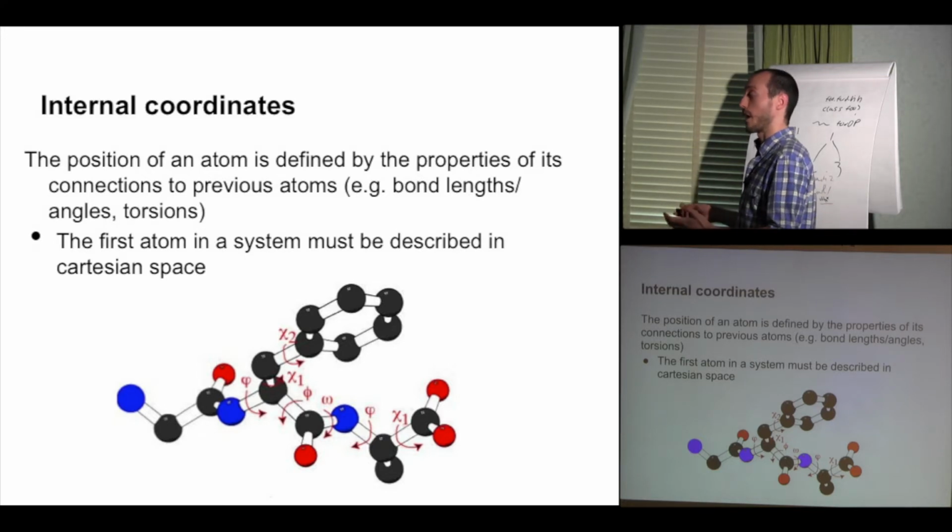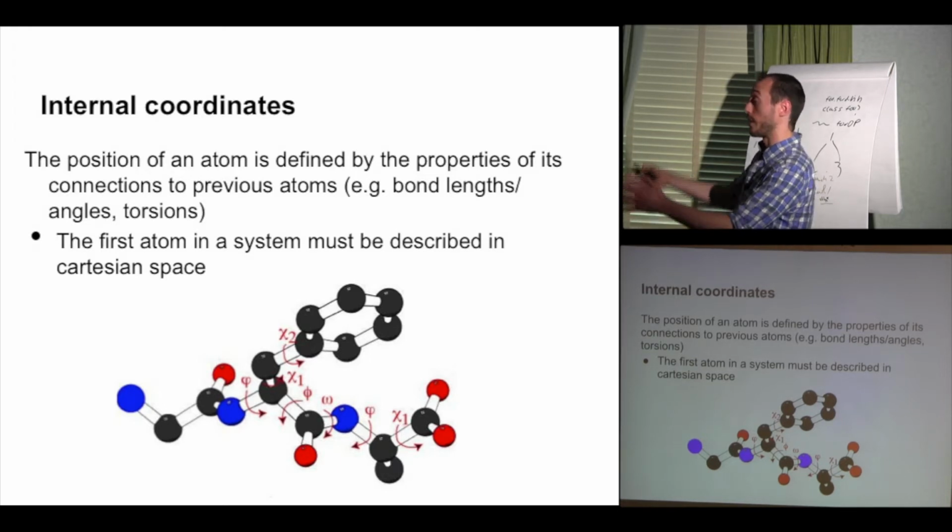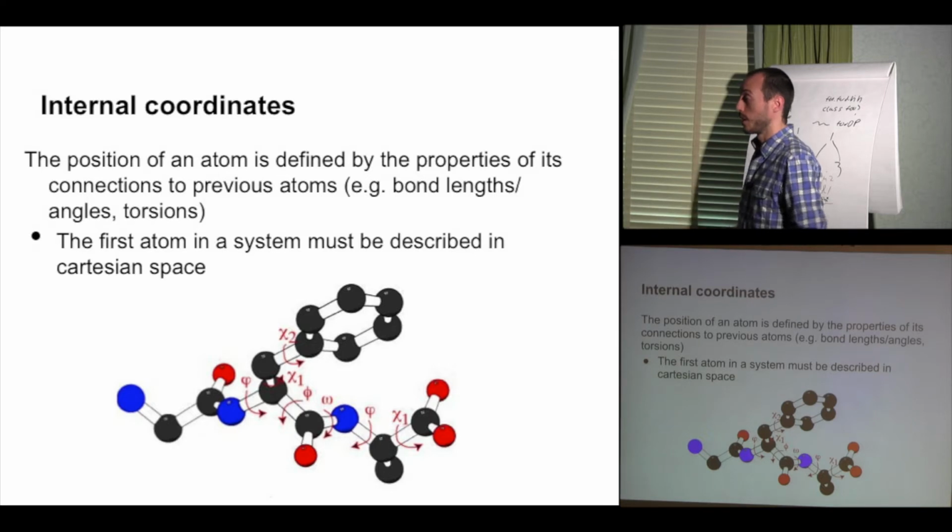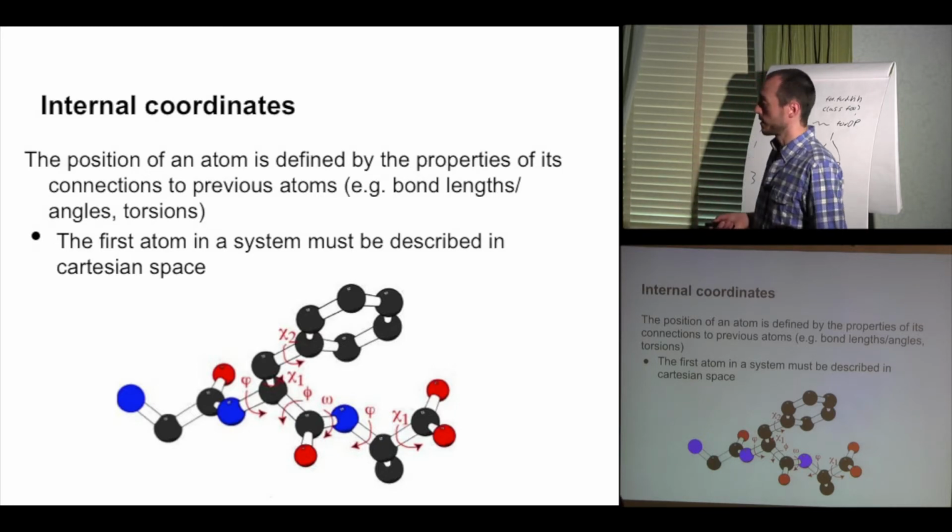The first atom must have a location defined if you ever want to have a Cartesian coordinate for any of the other atoms in the system. Does that make sense? That was not a particularly clear answer. It sort of does. I just thought, okay, it's more of a philosophical point, I guess. Okay. We're going to go through this in more detail, and hopefully it'll clarify some things.